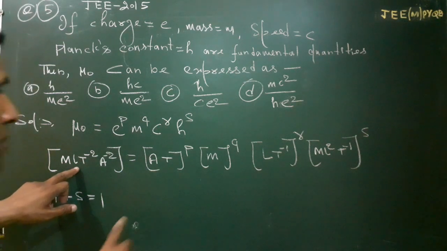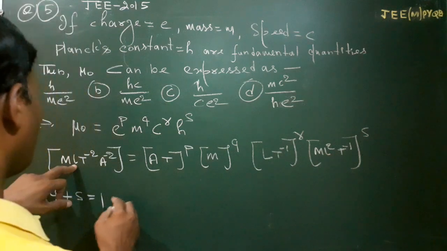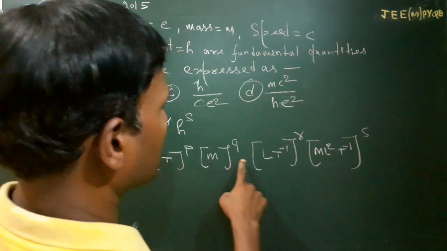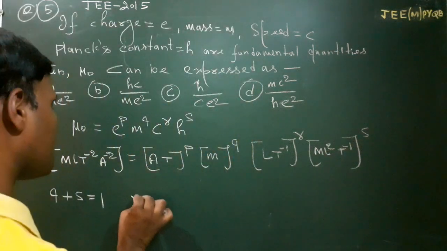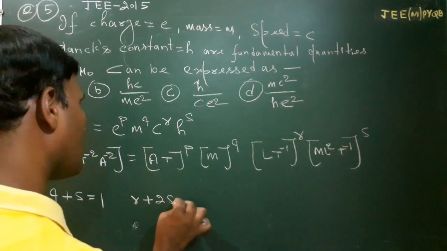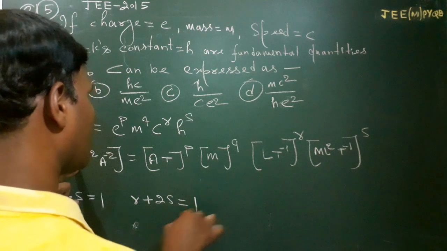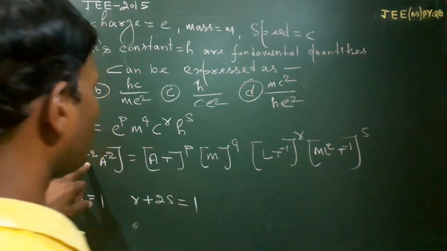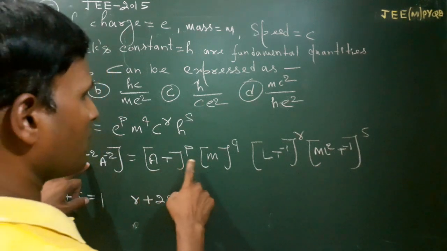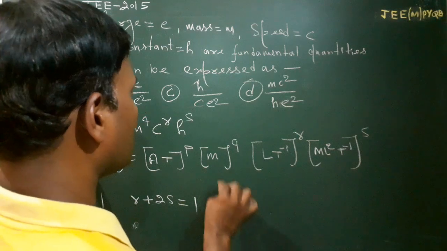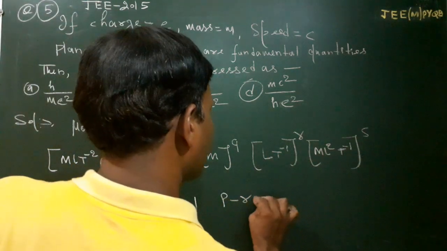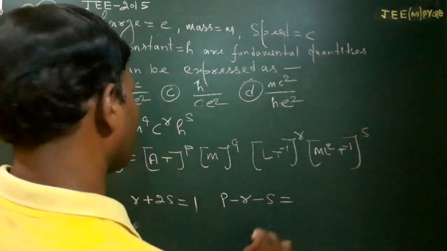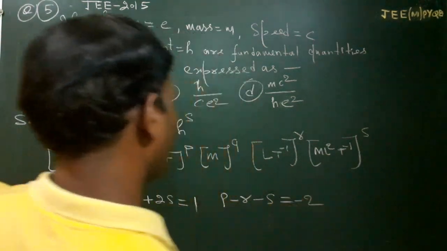Now L to the power 1: L to the R and plus 2S, so R plus 2S is equal to 1, that's equation 2. Now for T, T to the minus R and T to the minus S must be equal to minus 2, that's fine.